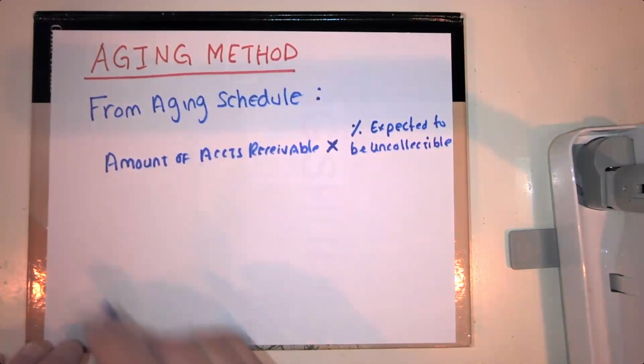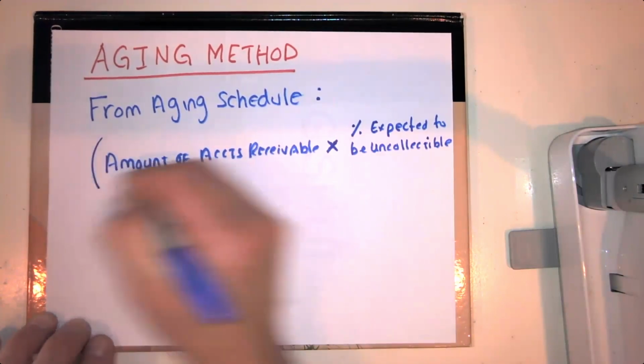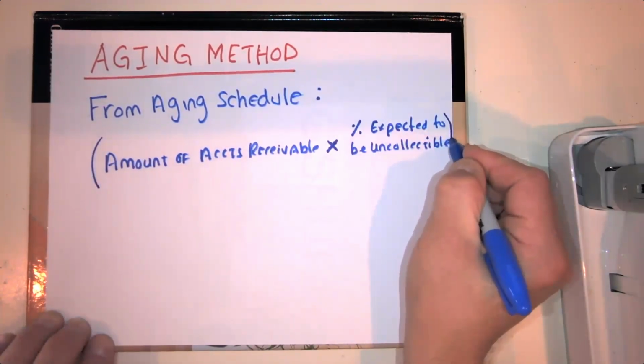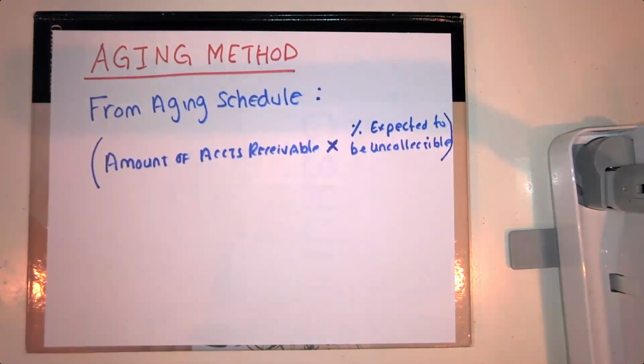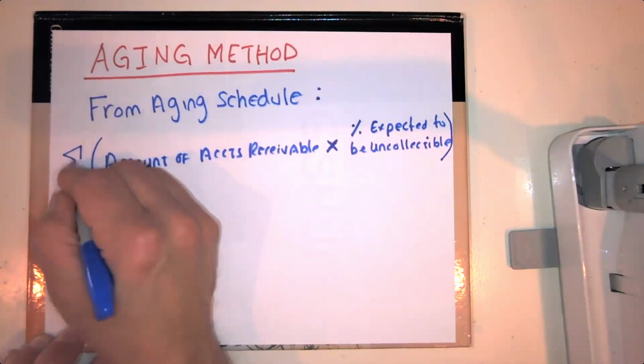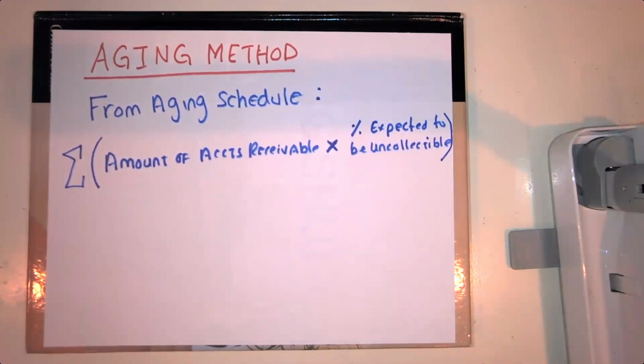And we're going to do that for every category in the aging schedule. And you're going to sum the products. So that's what that thing means right there.